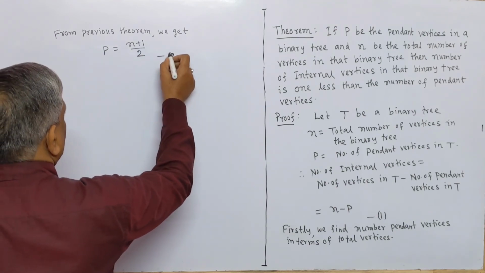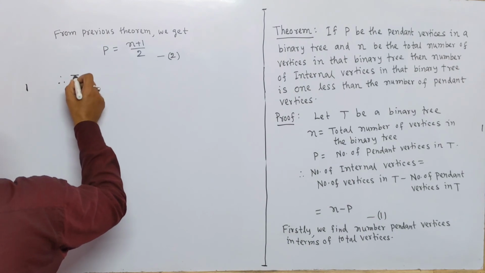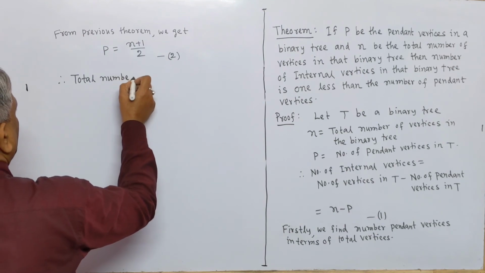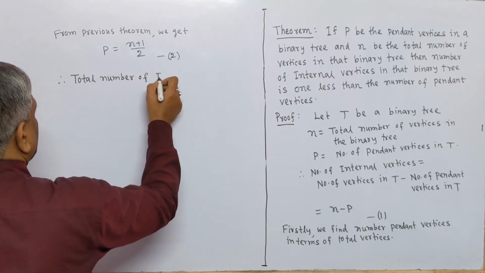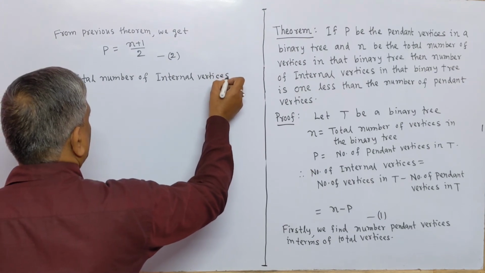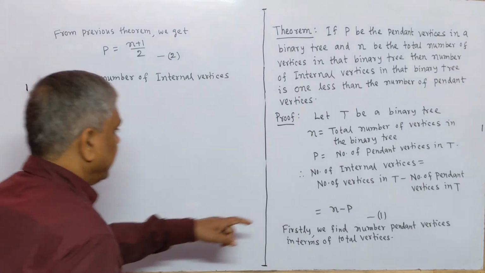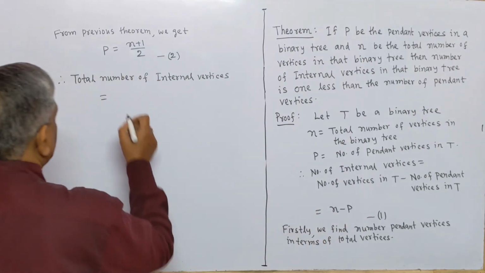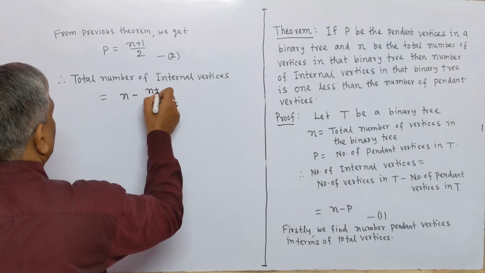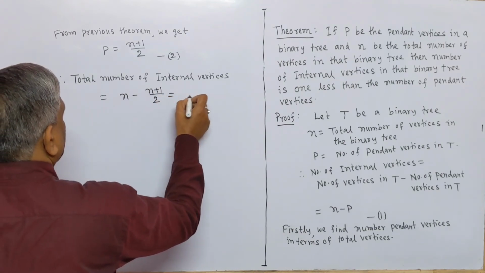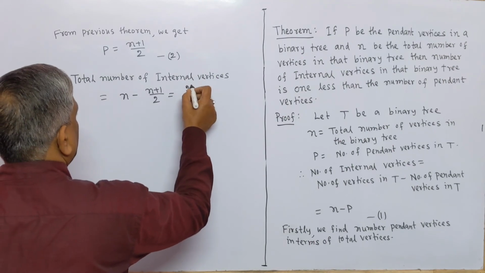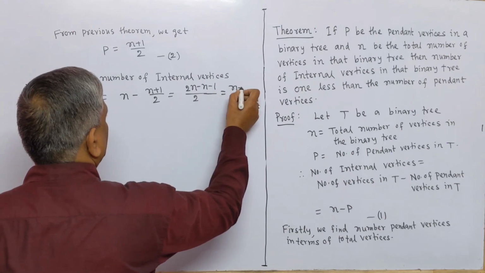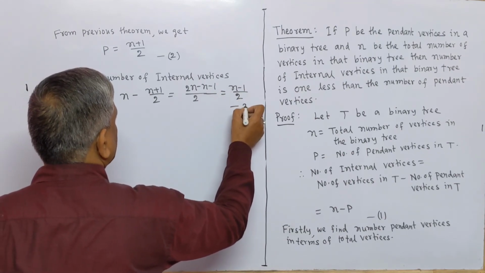This is number 2. Therefore, the total number of internal vertices equals n minus p, putting the value of p here: n minus n plus 1 by 2, this is 2n minus n minus 1 over 2, equal to n minus 1 by 2. This is number 3.